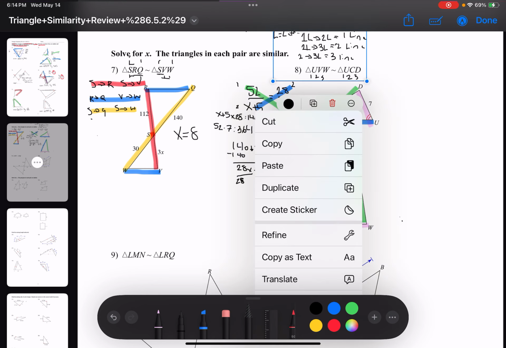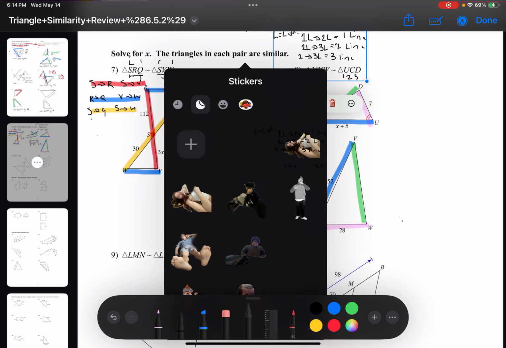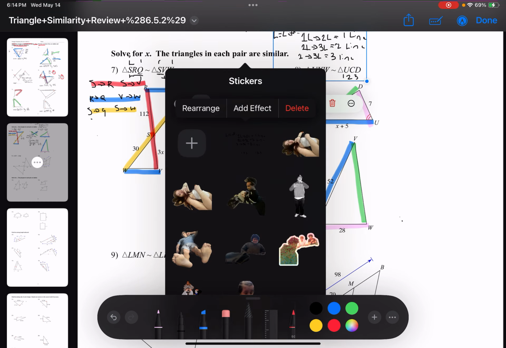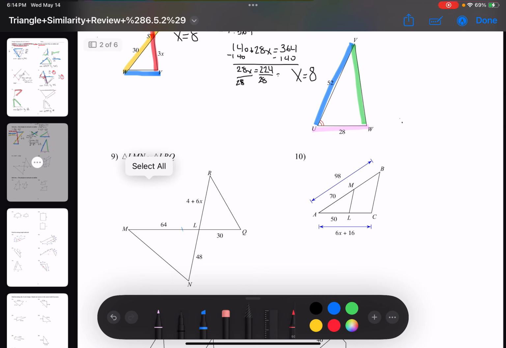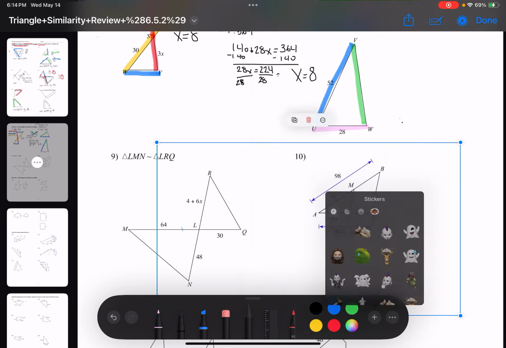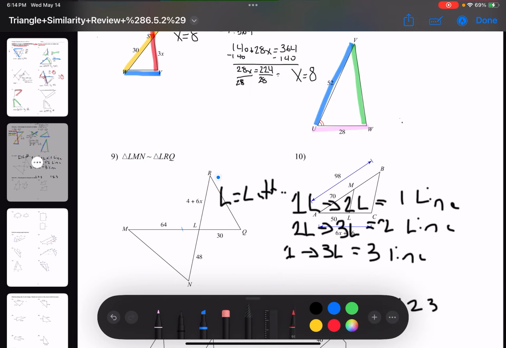Can I? That's a sticker now. Okay, boom. Add sticker. Oh my god, why are you so fat?